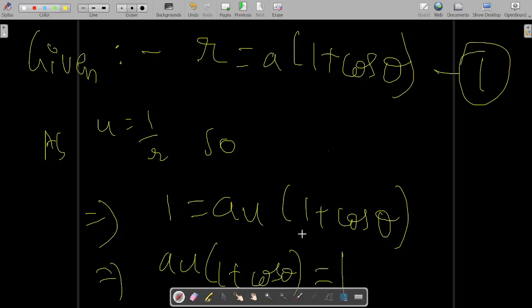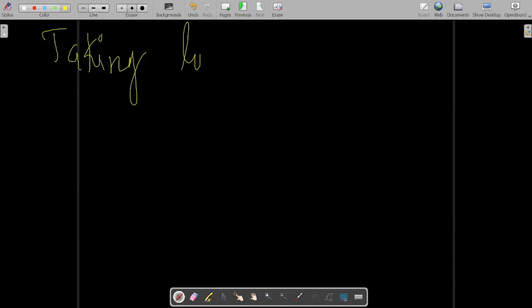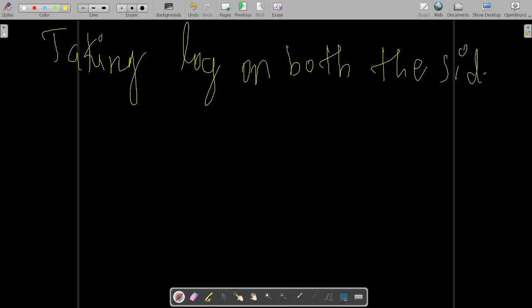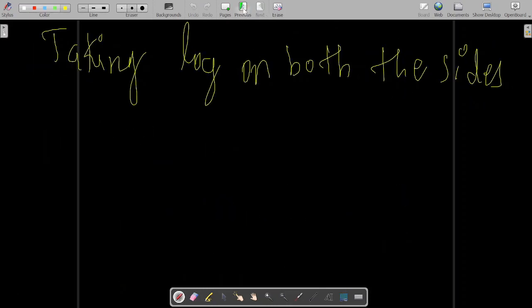Taking log on both the sides. If you take log on both sides, what do you get?